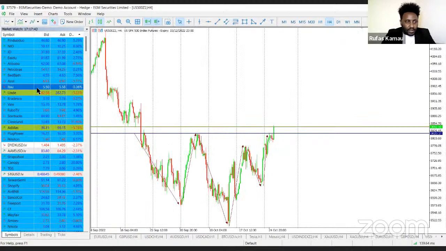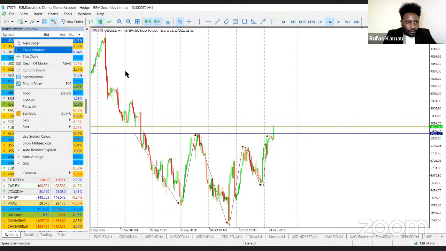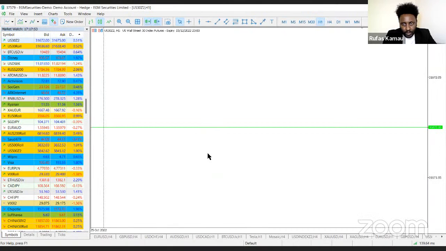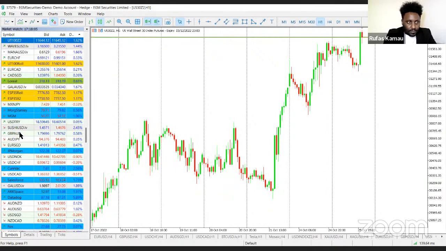So let's do this. We're just trying to load the chart quickly here. So that should be the US 30. And also the US Tech 100.